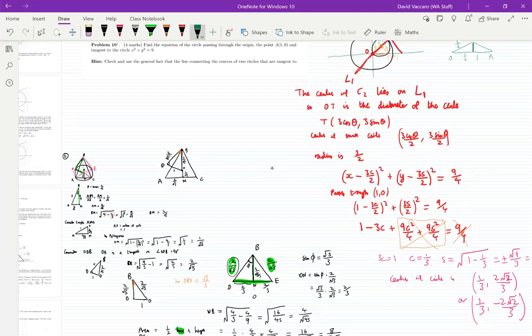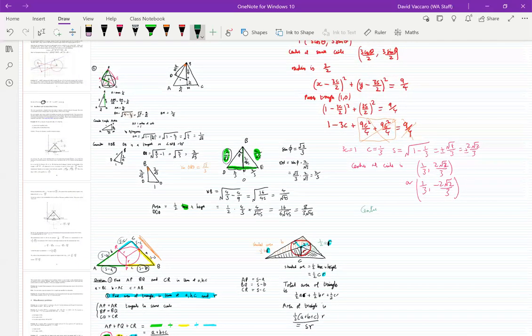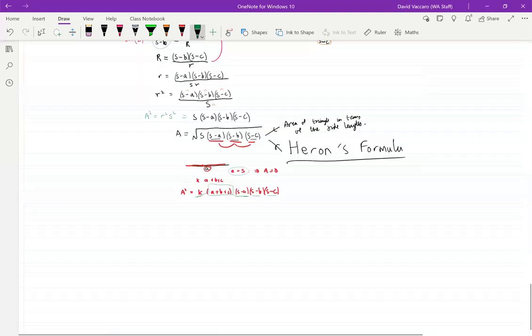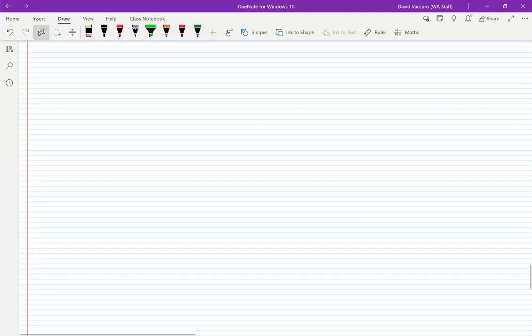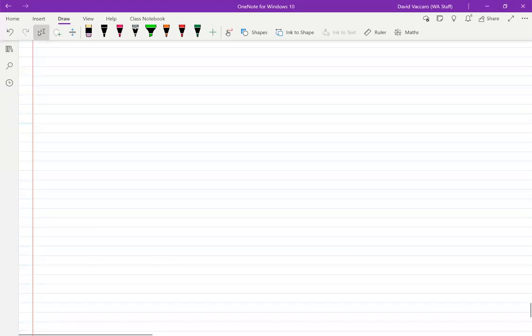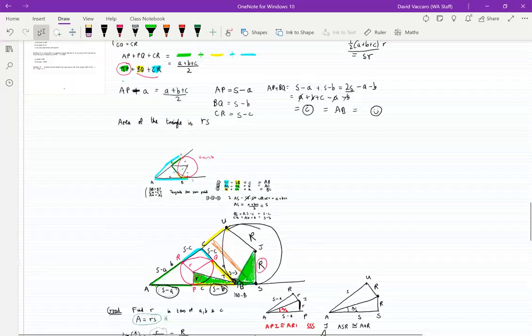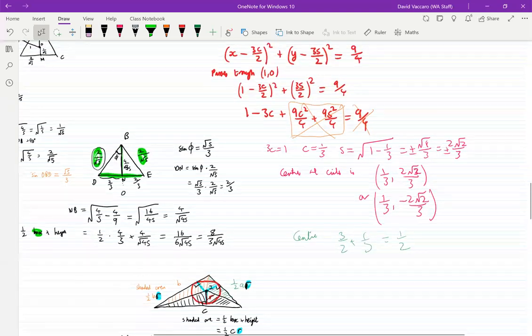Yeah, because the cosine is 1/3, so the center of the circle is 3/2 times 1/3, which is a half. Yeah, and that would have been oops.